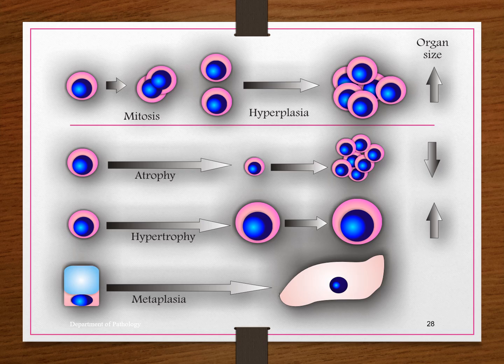When one type of cell is converted to another type of cell, it is called metaplasia. Hyperplasia, hypertrophy, atrophy, they can be physiologic or pathologic. Metaplasia can be epithelial or connective tissue. In the epithelial, again, columnar metaplasia and squamous metaplasia.